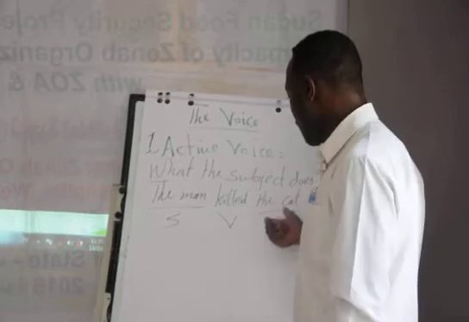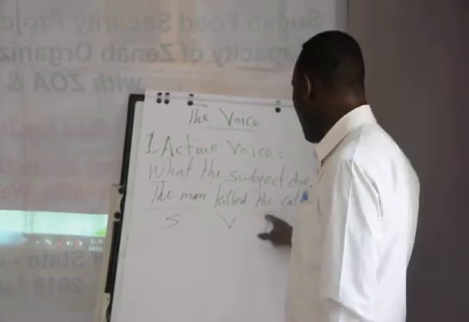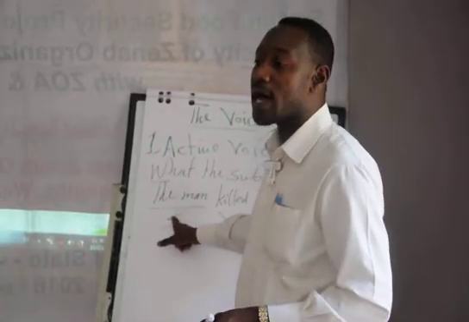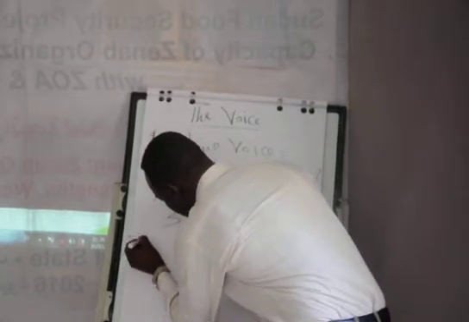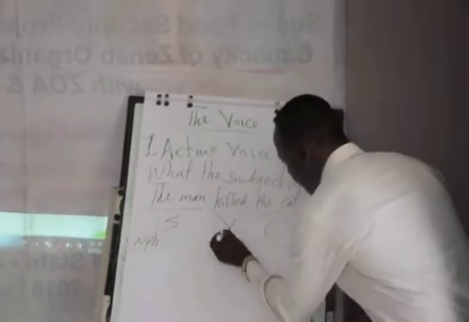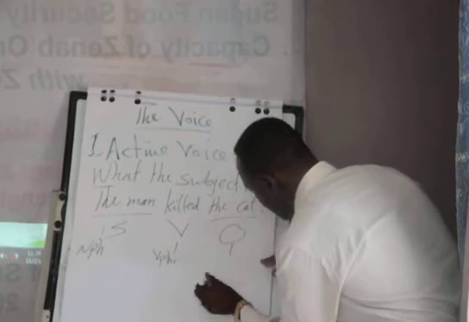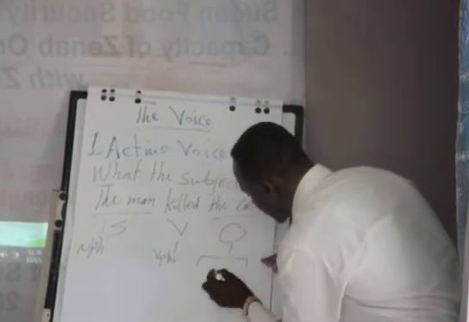So subject, verb, object. And the subject we call a subject phrase or noun phrase. This is the noun phrase, and this is the verb phrase, and this is the object, which is a noun phrase too.